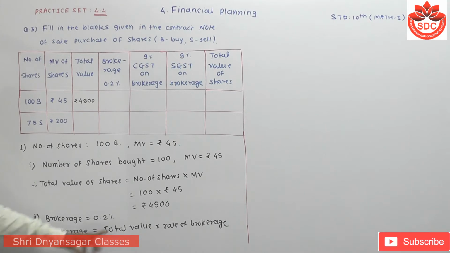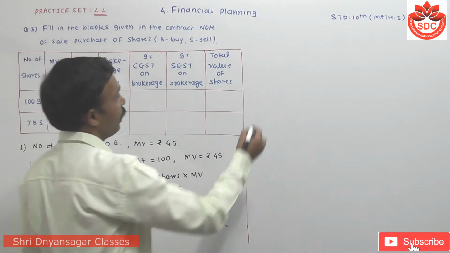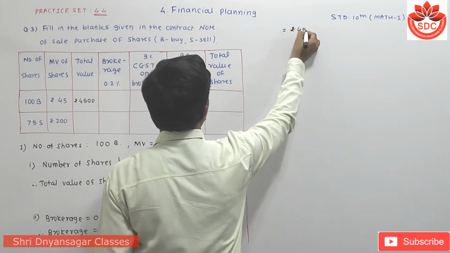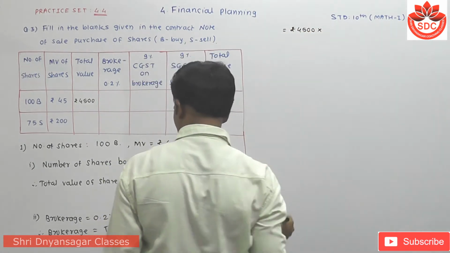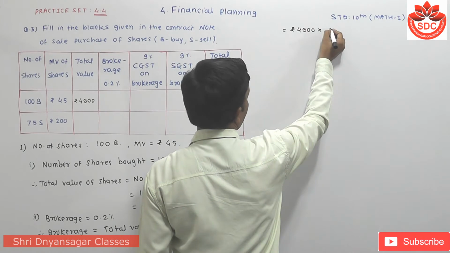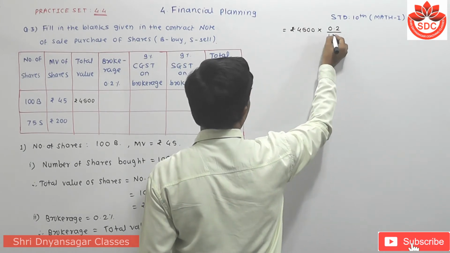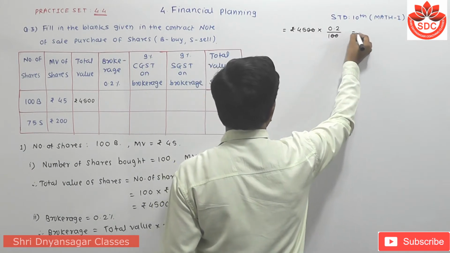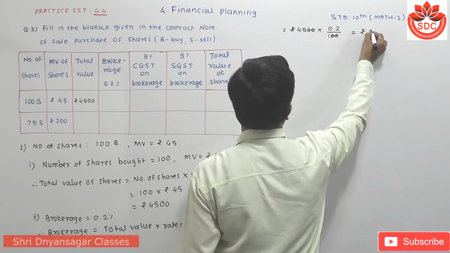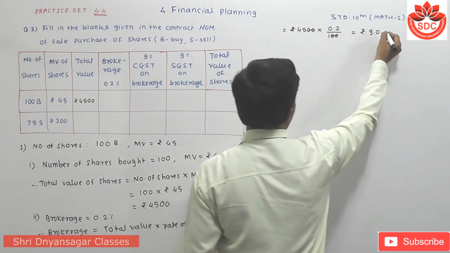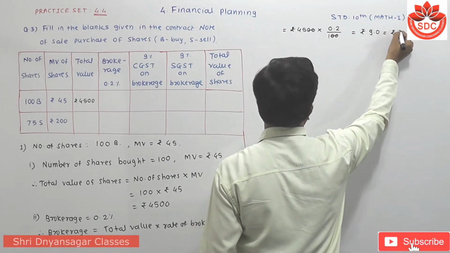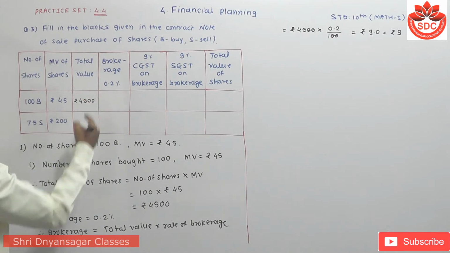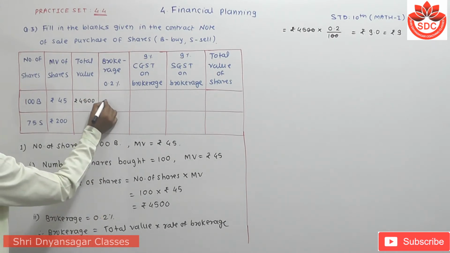Now student, the total value is 4,500 into the rate of brokerage 0.2%, which means 0.2 upon 100. These two zeros get cancelled. 45 into 2 is 90. After one digit there is a decimal point. It means 9 rupees. Here the brokerage at 0.2% is rupees 9.